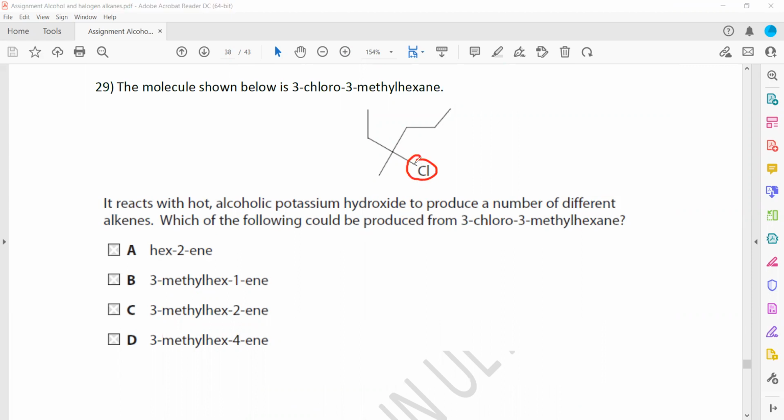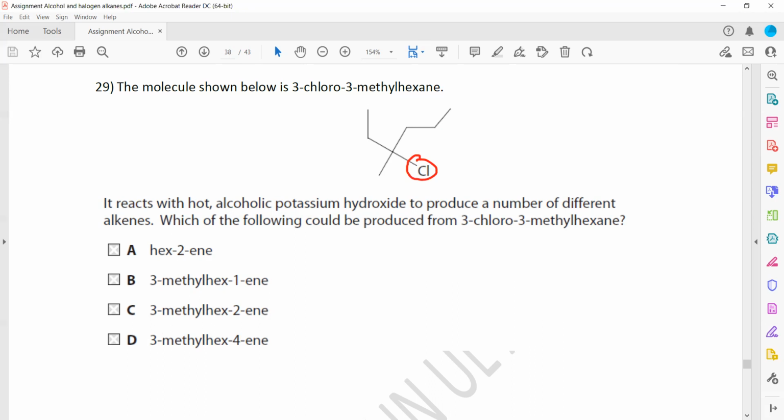The Cl will be removed and one of the hydrogens will be removed. So if this Cl is removed, there will be a double bond either on the right hand side. The double bond will form by elimination. This is alcoholic, so an elimination reaction will occur.